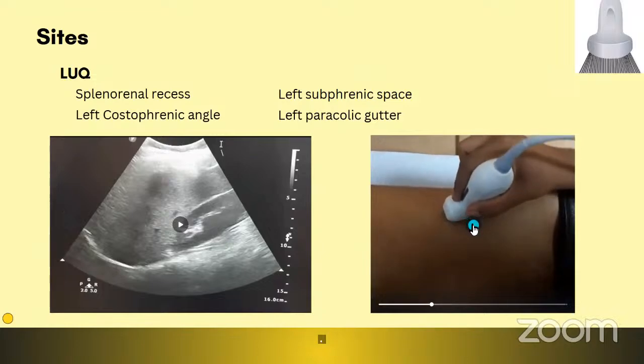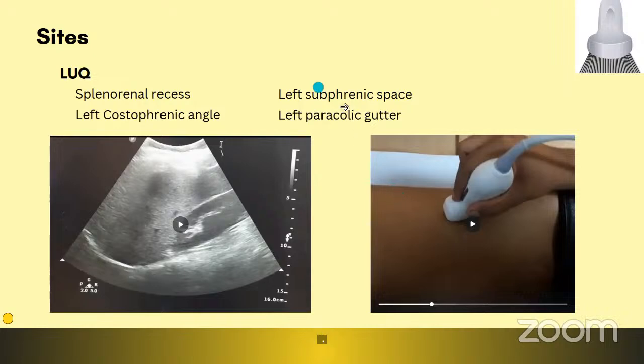Since the left kidney is superior to the right kidney, we need to go one intercostal space above, which is the 9th to 10th intercostal space, and we should also go slightly more posterior, because we should also get the spleen. The spleen would slip down more posterior.